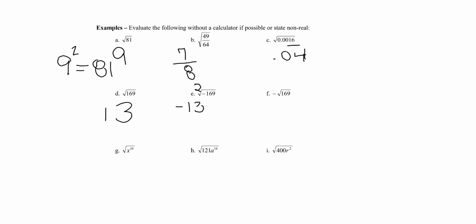But if I multiply together negative 13 times negative 13, my answer is going to be a positive 169, not a negative. So for this problem, our answer is not negative 13. It is a non-real answer. So we would just write non-real.